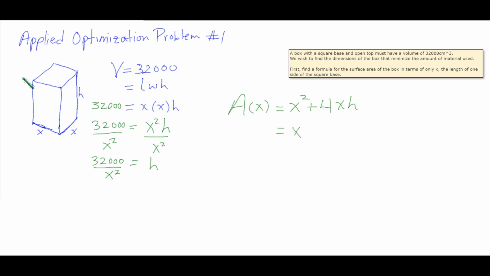So we have x squared plus 4 times x times 32,000 over x squared. Then when I simplify that, I can cancel this x with one of these x's, and I'm left with x squared plus 4 times 32,000 over x.